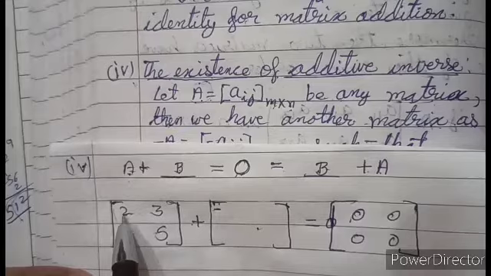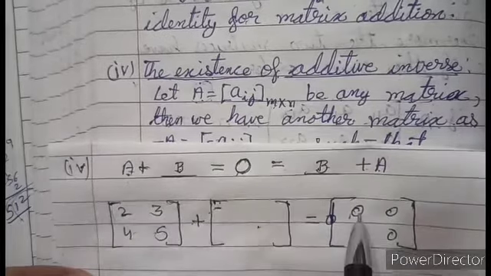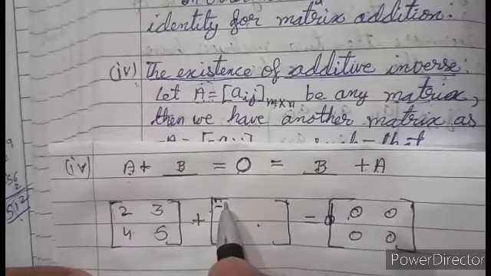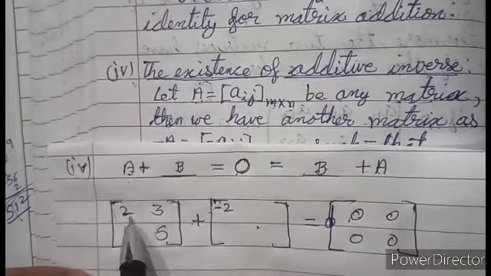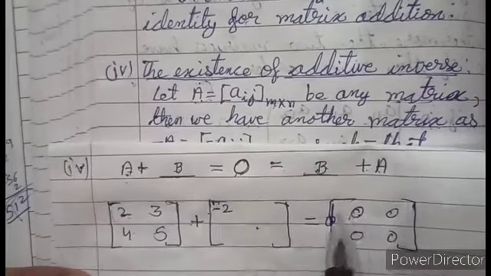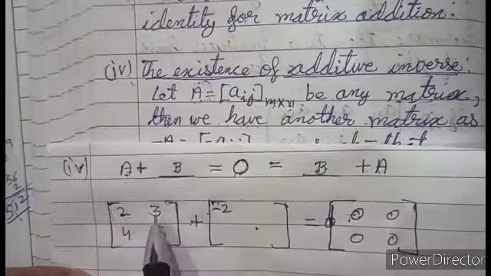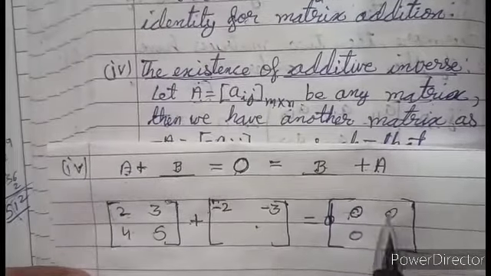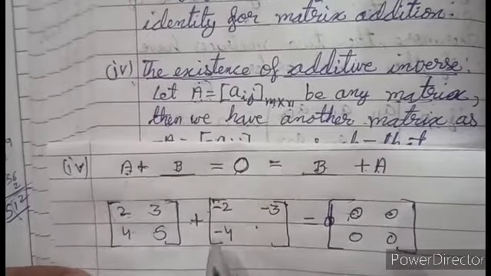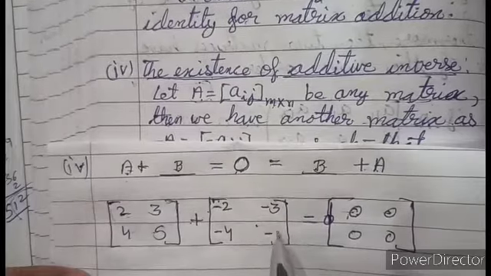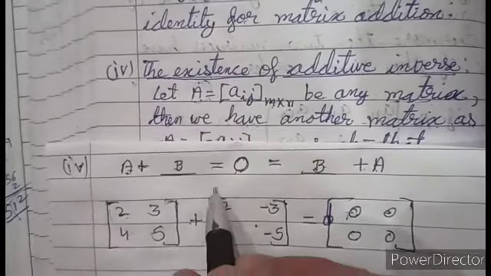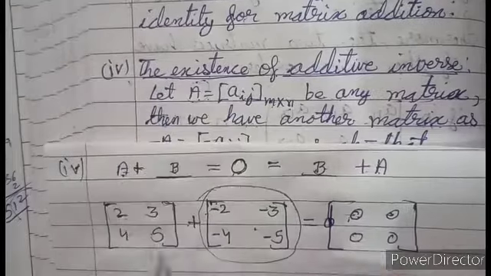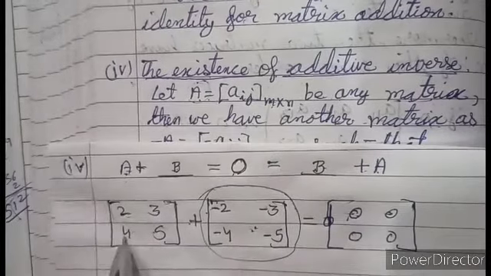What will be added to 2 to give us a result of 0? We should add minus 2 to 2. So 2 minus 2 will be 0. Similarly, 3 minus 3 will be equal to 0, 4 minus 4 will be equal to 0, and 5 minus 5 will be equal to 0. This matrix is the inverse of matrix A.